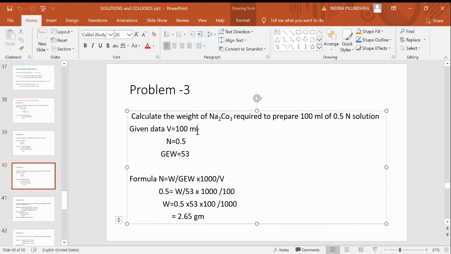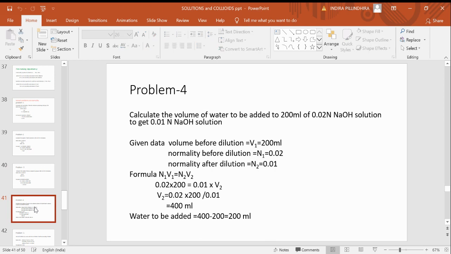N is equal to W by GW into 1000 by V. So after substitution, we will get 2.65. Because it is weight, we'll express it in terms of the grams. Units are grams. Okay, so now here also same thing. The three factors are given and we have to find out the fourth one. Now we'll move to another type of the problem. So we'll move to the next slide.